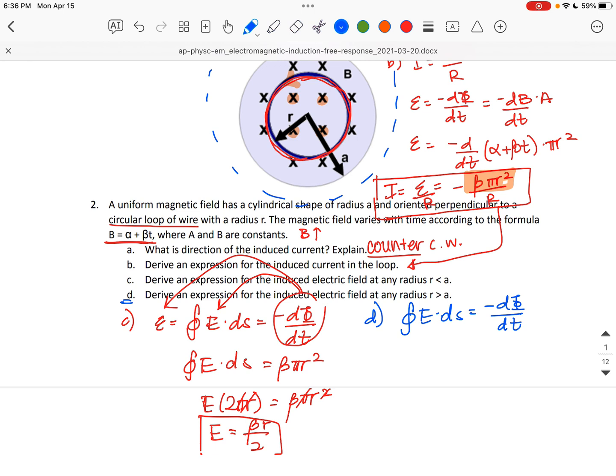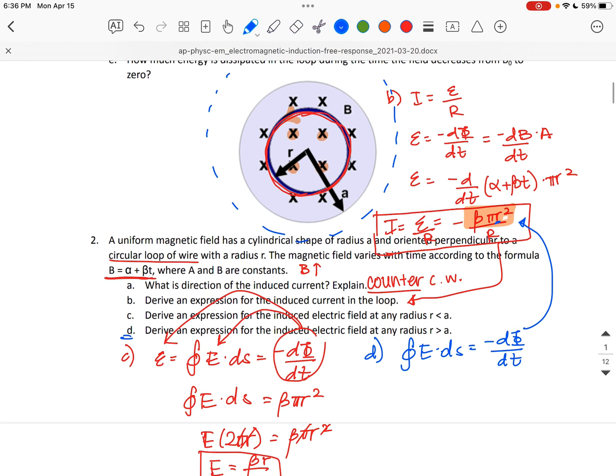And we already derived an equation for the flux, except instead of r squared, the magnetic field is only as big as this circular area right here. So even though the radius of our loop is larger, when we are looking at the total change in flux over change in time, we can only go up to a squared.